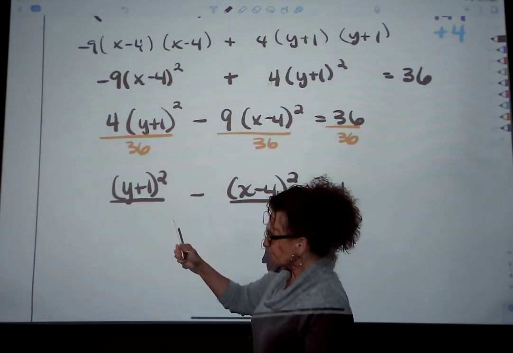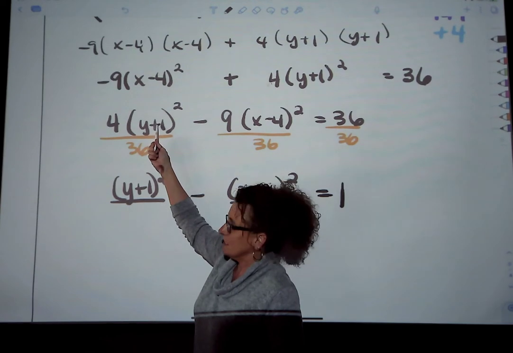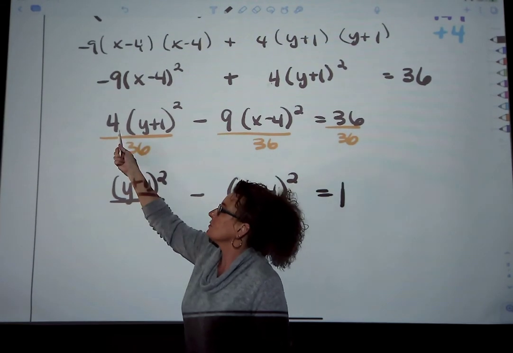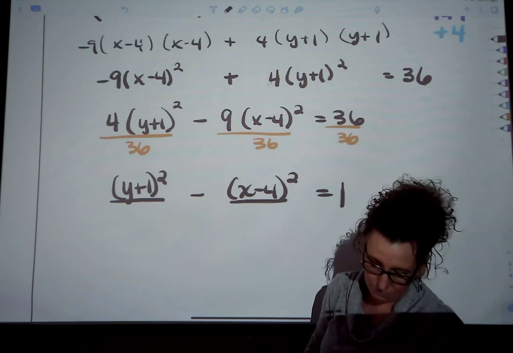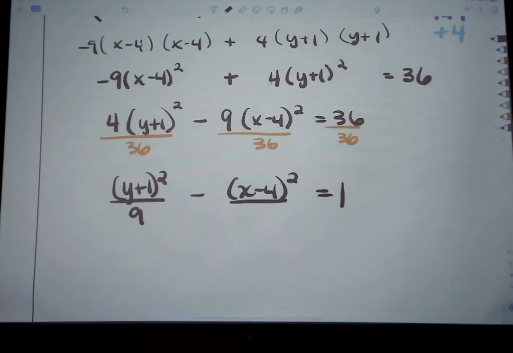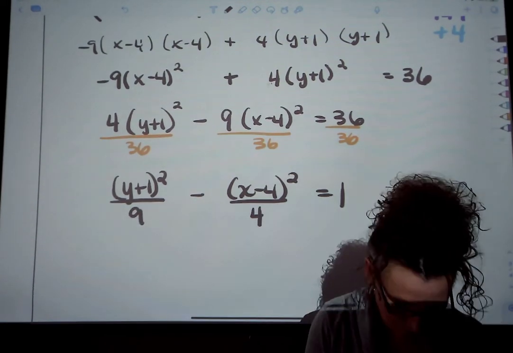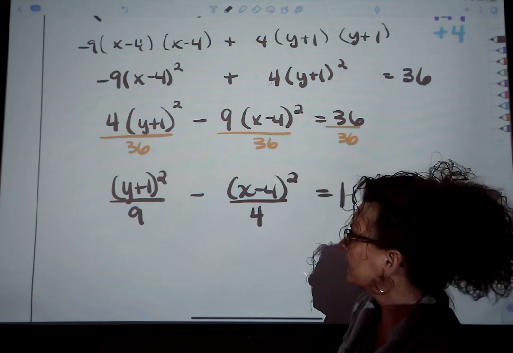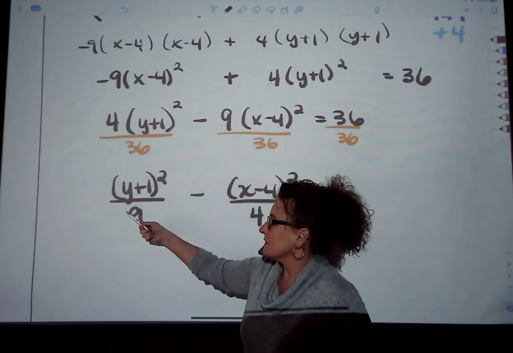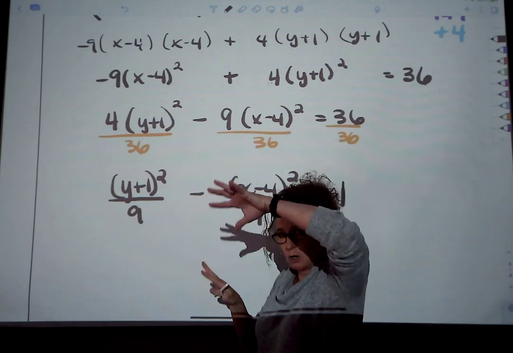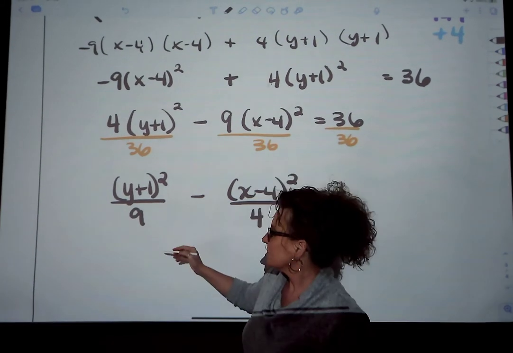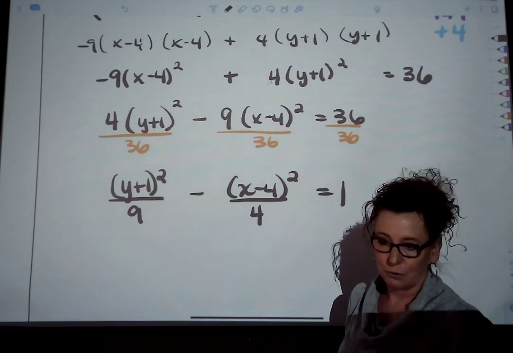Now, I'm not going to touch the quantity that's being squared, but these 2 reduce to 1 and 9. These 2 reduce to 1 and 4. Right? So this is the positive one. Our hyperbola is going to open this way, up and down. A is 3, B is 2.